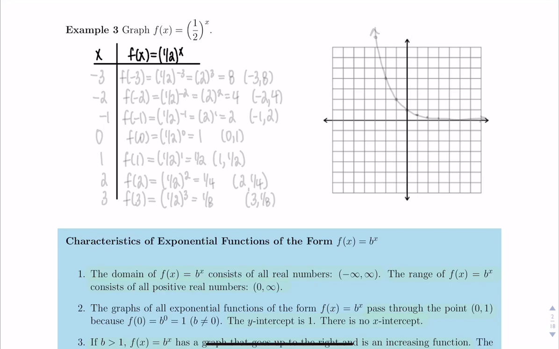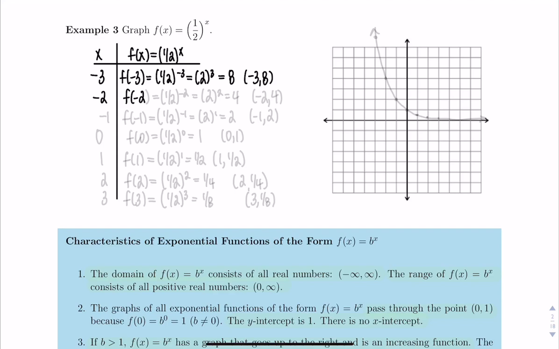So starting from -3, we have 1/2 raised to the -3, but that's like having 2 to the 3, which is 8. So we have the point -3, 8.